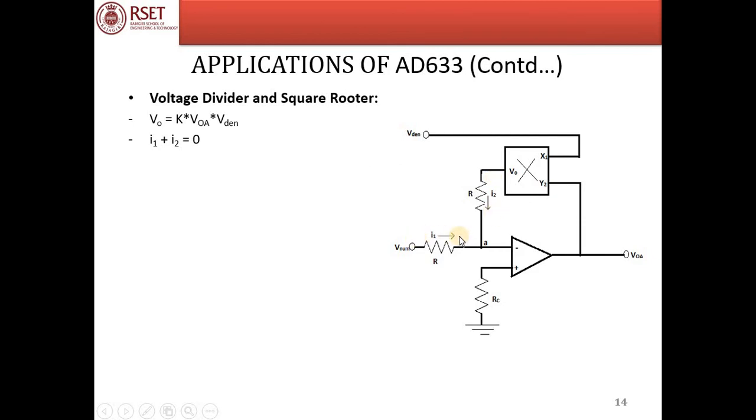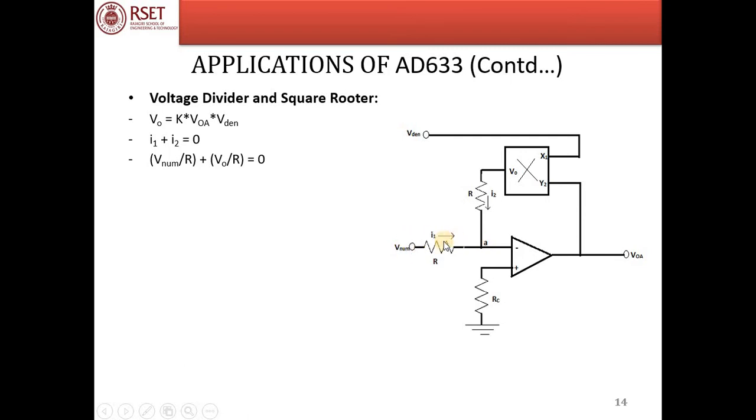We have marked two currents here, I1 and I2. There is no current into the op-amp because of the high input impedance. So applying Kirchhoff's current law at node A, we get I1 plus I2 equal to 0. Now we substitute I1 and I2 in terms of voltages and resistors. The node A is at virtual ground, so the voltage at this point is 0.